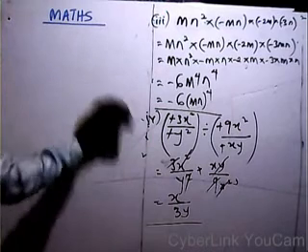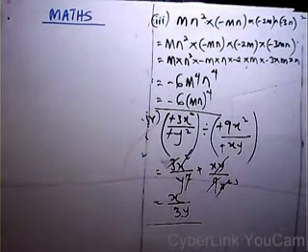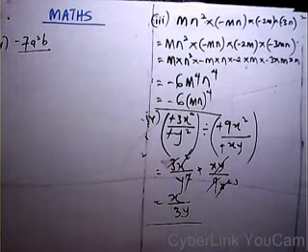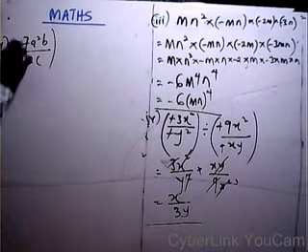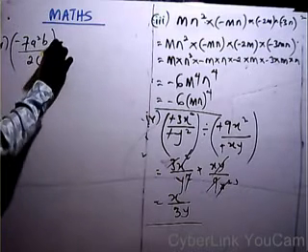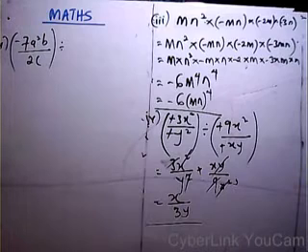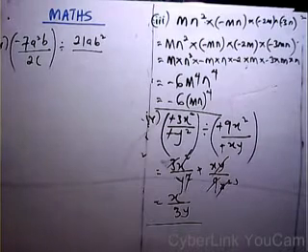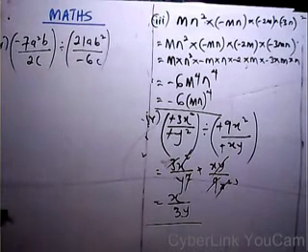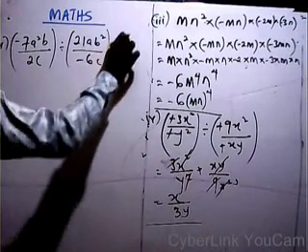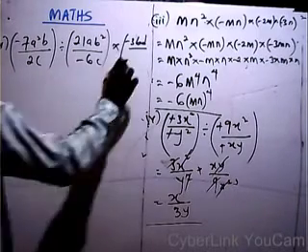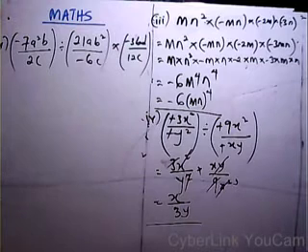For that last part, the fifth part of the example, we have minus 7a squared b over 2c in brackets, divided by 21ab squared over minus c in brackets, then multiplied by minus 3bd minus 3ed over 12c. So this is what we have, and this is what we are to simplify.